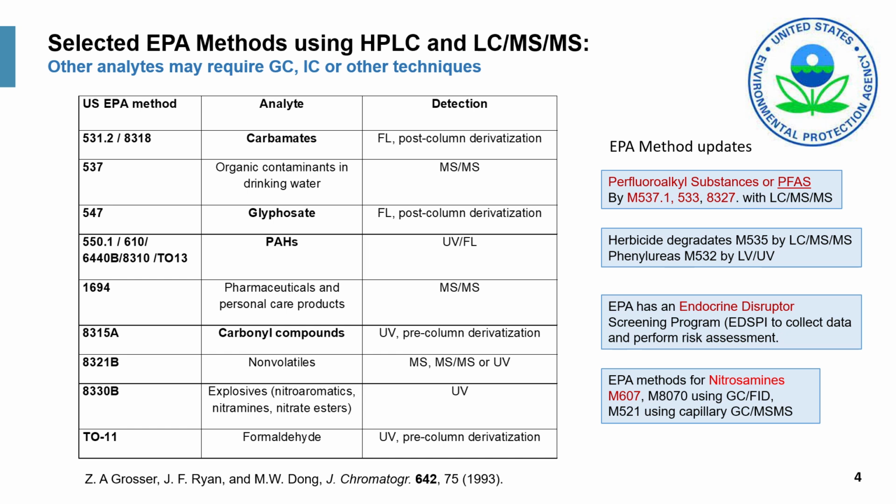Now here are some selected EPA methods using HPLC and LC mass spec. Others we mentioned may require other techniques such as GC, IC, and other techniques. IC stands for ion chromatography. Now, some of these are a little bit on the older side.